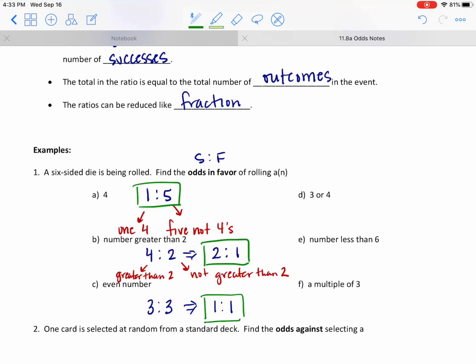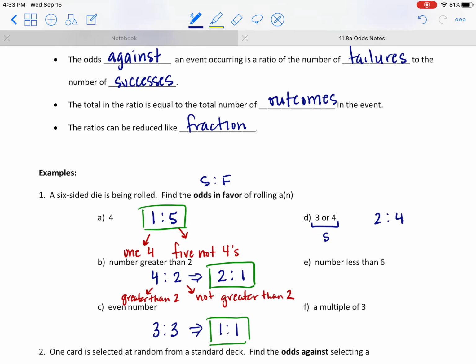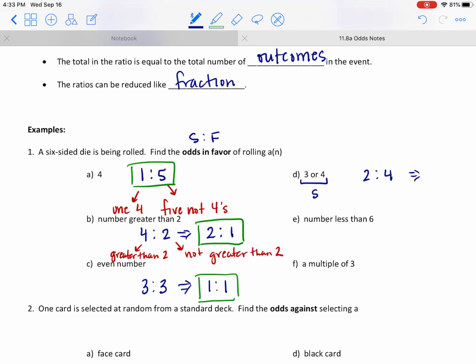How about a 3 or a 4? So rolling a 3 or a 4 would be a success. That's 2 different options. That means the other 4 options are the failures, and that's going to reduce to 1 to 2. So we have 1 to 2 odds in favor of that happening.